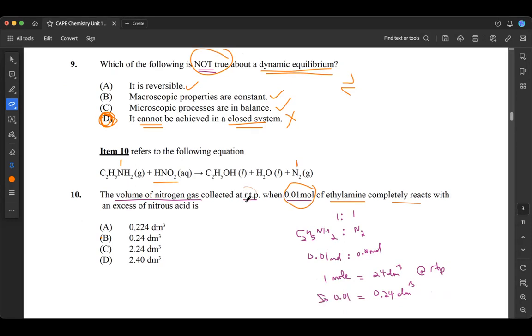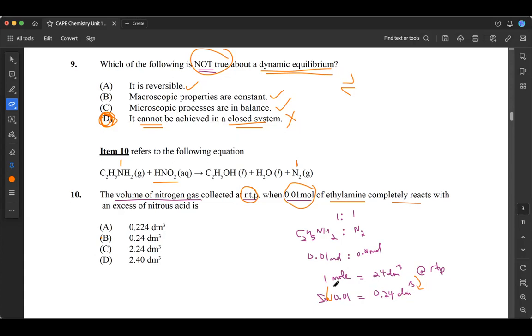Now, we are at RTP, so 1 mole of nitrogen would occupy 24 dm cubed. But we don't have 1 mole of it, because it's only 0.01 mole of ethylamine that we started with. So we only have 0.01 mole of nitrogen gas, and that will only occupy 24 divided by 100, because that's the scale from 1 to 0.01, so 0.24 dm cubed.